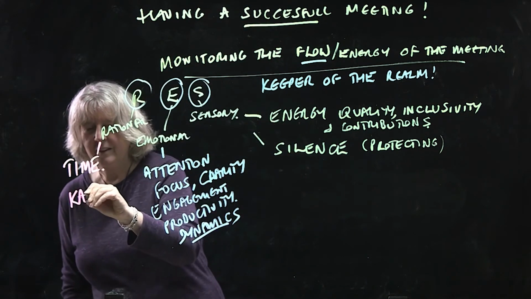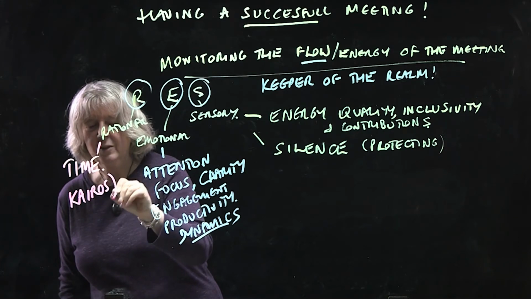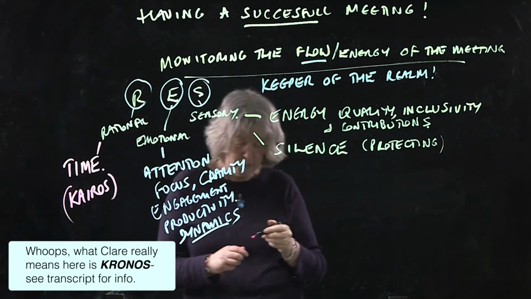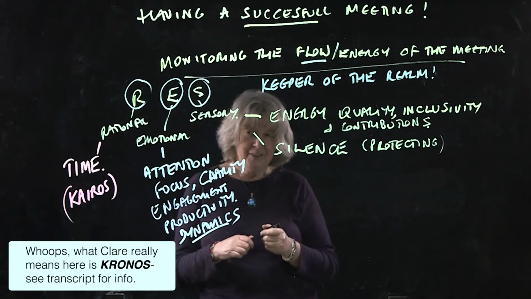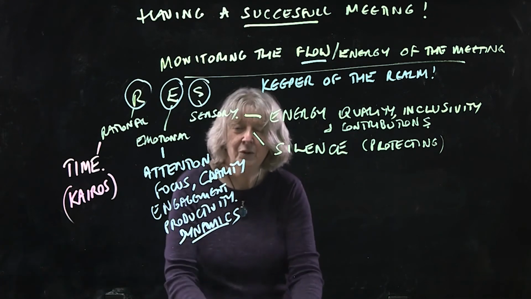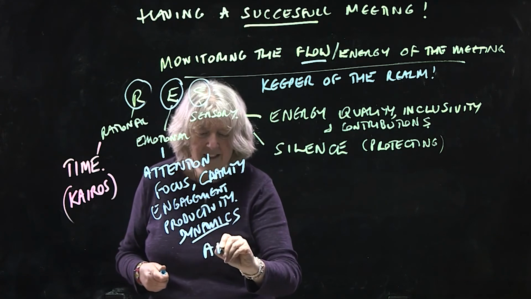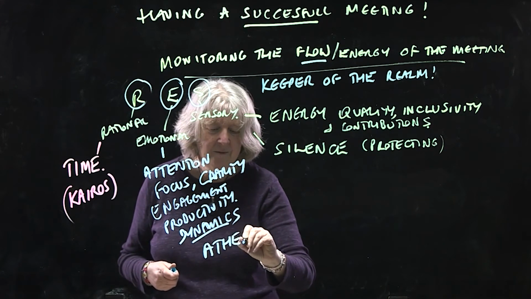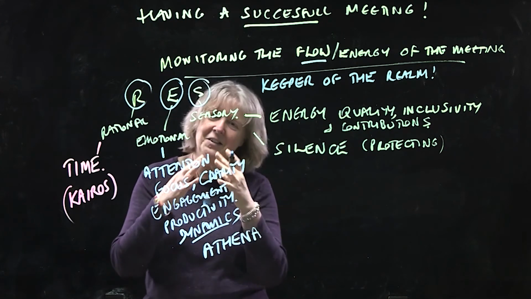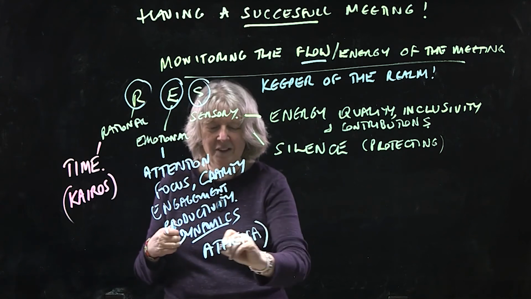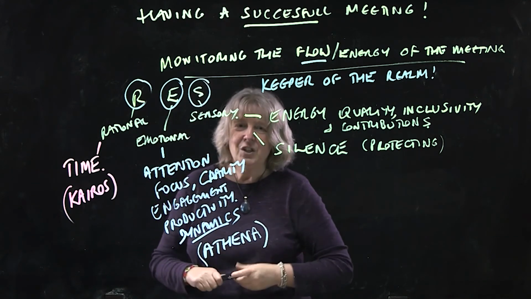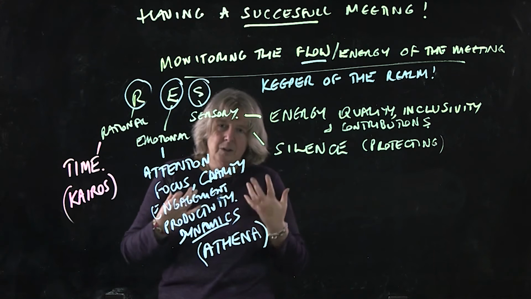So the one of time in this context is actually Kairos, hence chronological time. And the emotional goddess is actually Athena.